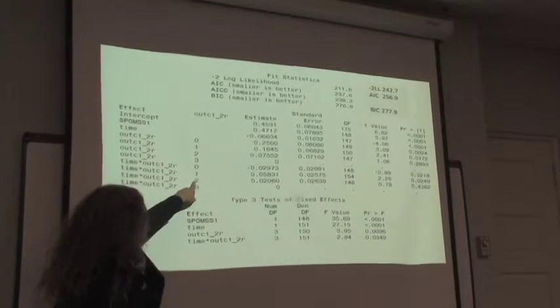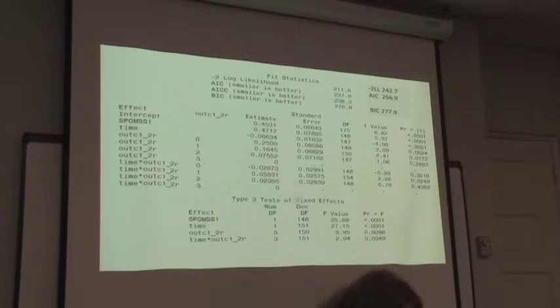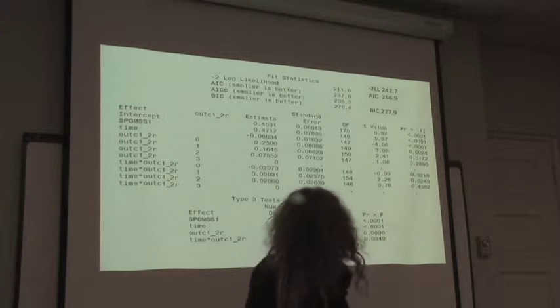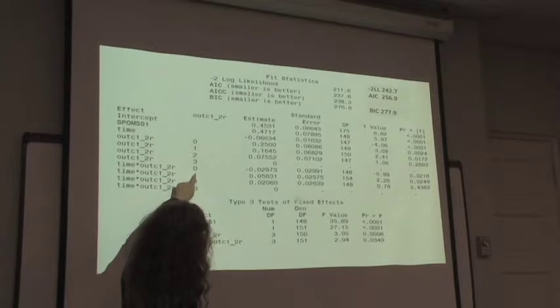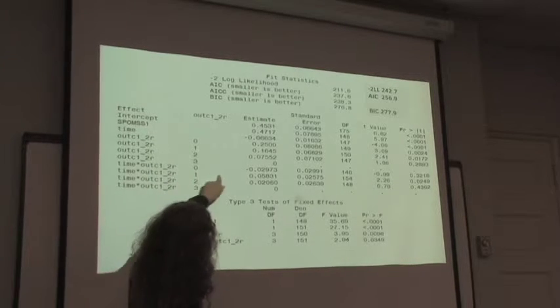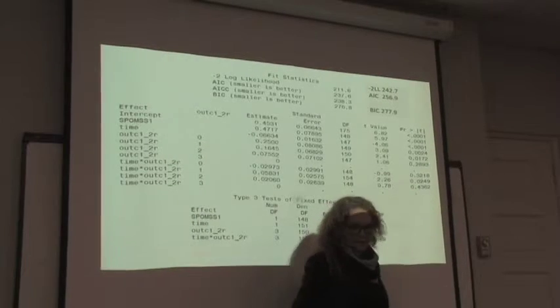So what group is this? This is group 2, and group 2 are the strugglers. So the slope is significantly more positive. Where are we? Here. Sorry, group 1. Group 1, significantly more positive than the abstainers.